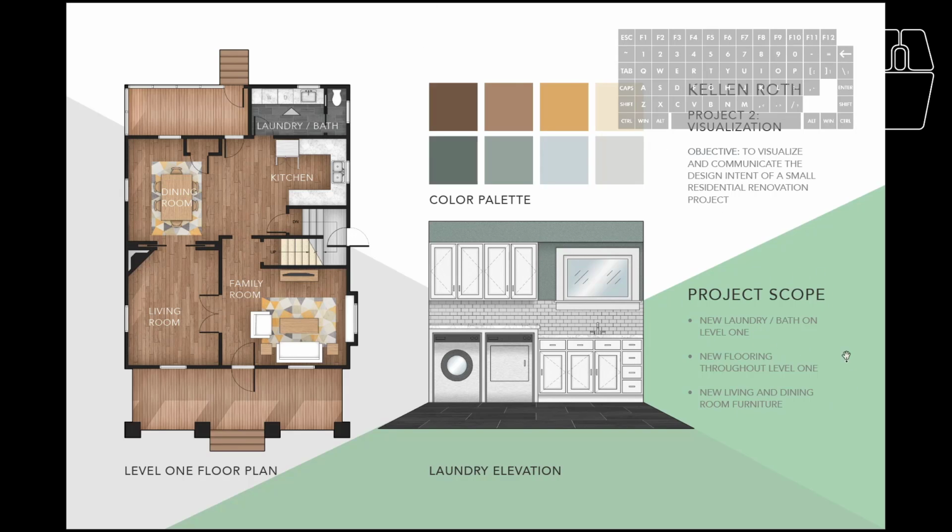This one over here is reserved for information pertaining to the project scope, and then this one is relating to the elevation. All right, so whenever we put graphics in, graphics help to make things look more interesting, but it's really good and it makes your designs and presentations look even better if you use them in a way that plays off of the information that's actually on the board.